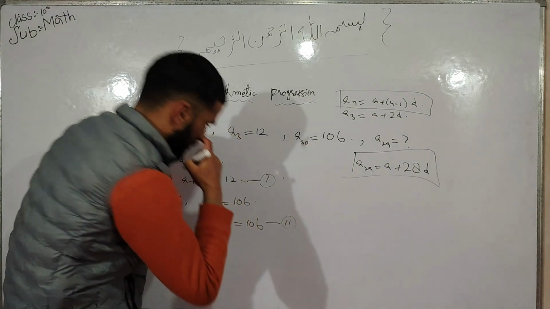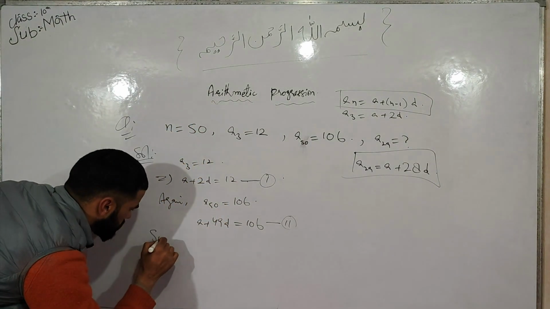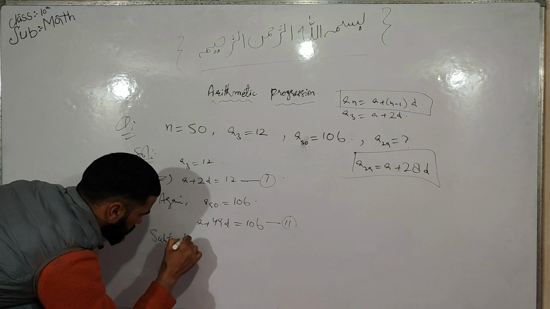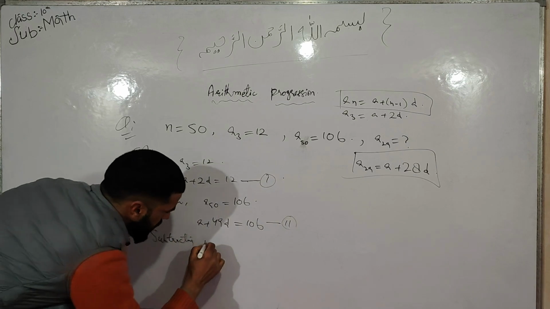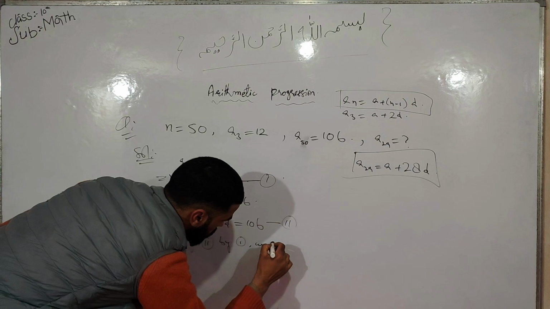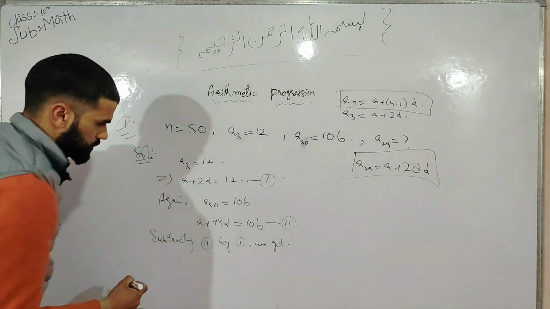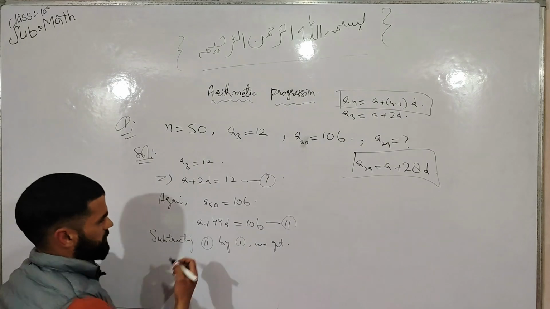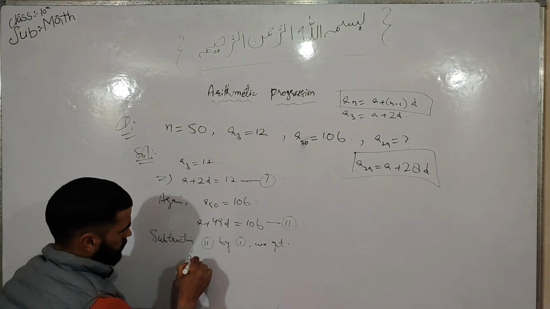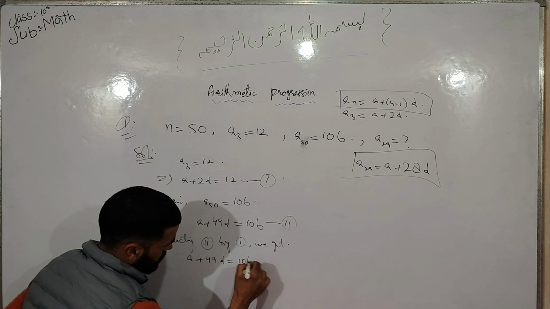Name it the second. When we subtract second by first, let me do this in an easy way. This is a plus 49d is equal to 106.